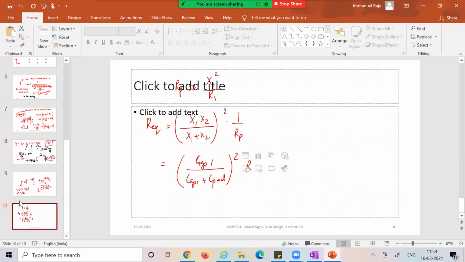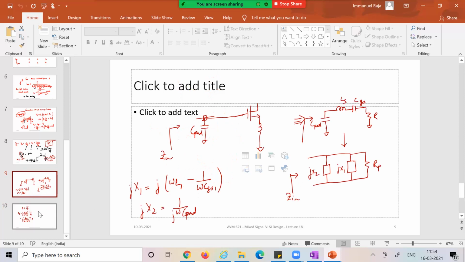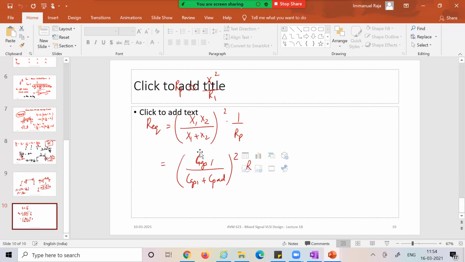Please derive that and make sure. The moral of the story is that the equivalent resistor is modified by this factor, CGS1 divided by CGS1 plus CPAD, the whole square. So there is going to be a reduction in the R that you are going to see, and we'll see why it is going to impact us.